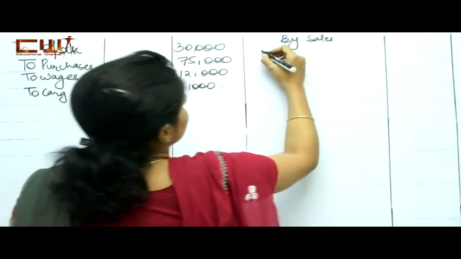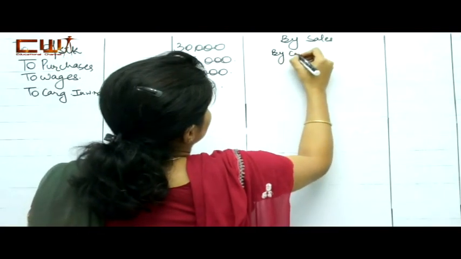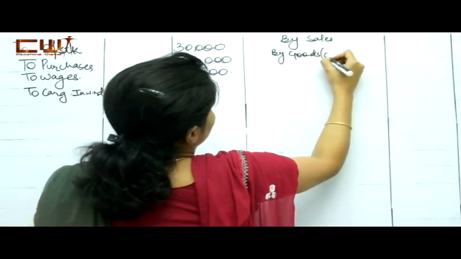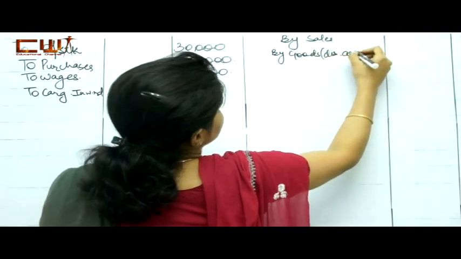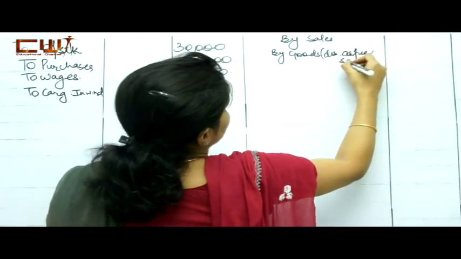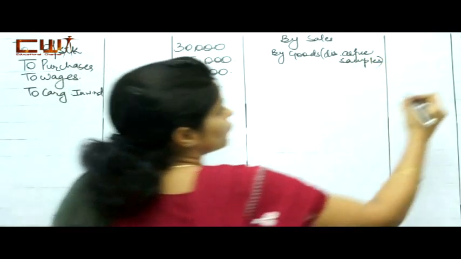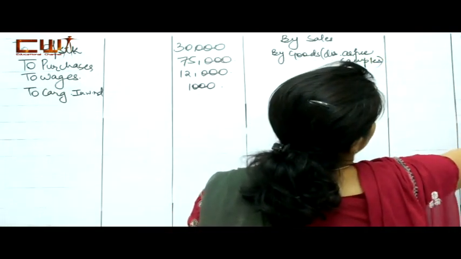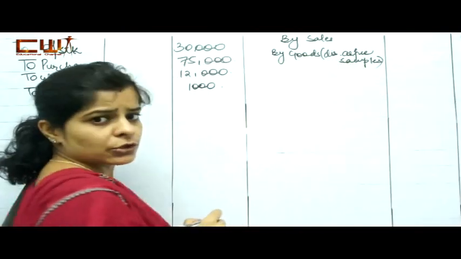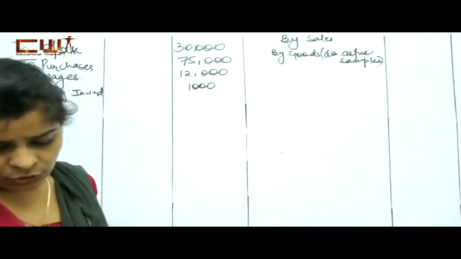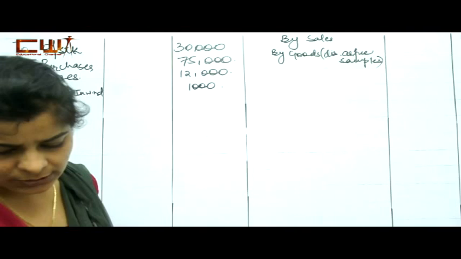So by goods distributed as free samples, right? How much is it for? 4,000. So mention 4,000. Next, do you have any other item? Nothing. Closing stock is given.